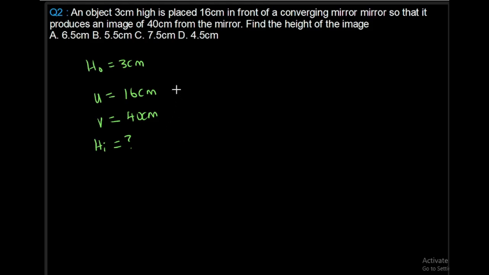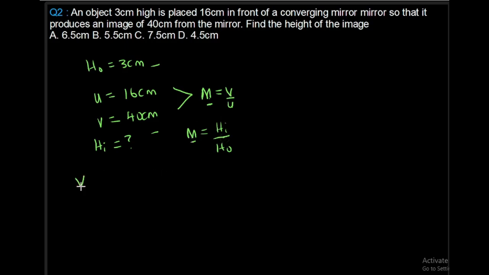Now we know that these two are related by the magnification formula, which is m equals v over u. Also, height of object and height of image are related by the magnification formula. We have m equals height of image over height of object. This is magnification, this is magnification. So if m is equal to m, it simply means this will also be equal to this.